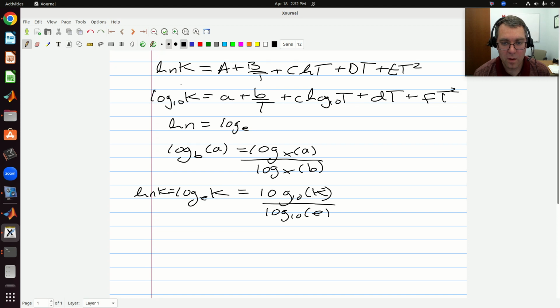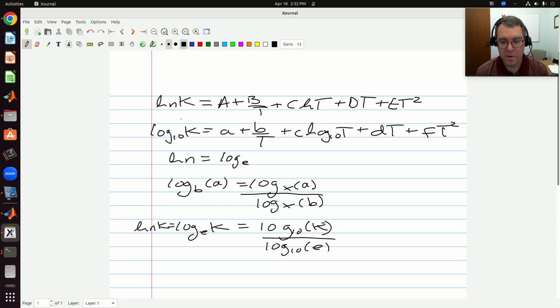So if I want to go from log base 10 to natural log, I'm going to divide through by log base 10 of e. That would be equivalent to dividing little a by log base 10 of e, little b by log base 10 of e.